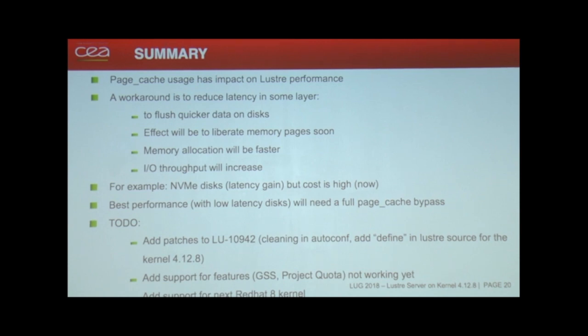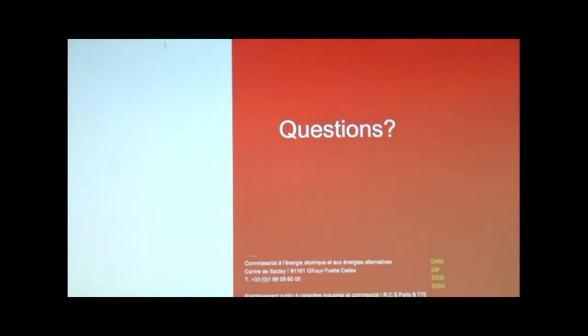We need to add the support of features we have disabled, of course, GSS, project quota, and the goal is to add the support for the next Red Hat 8 kernel. So I have finished. Have you got questions?